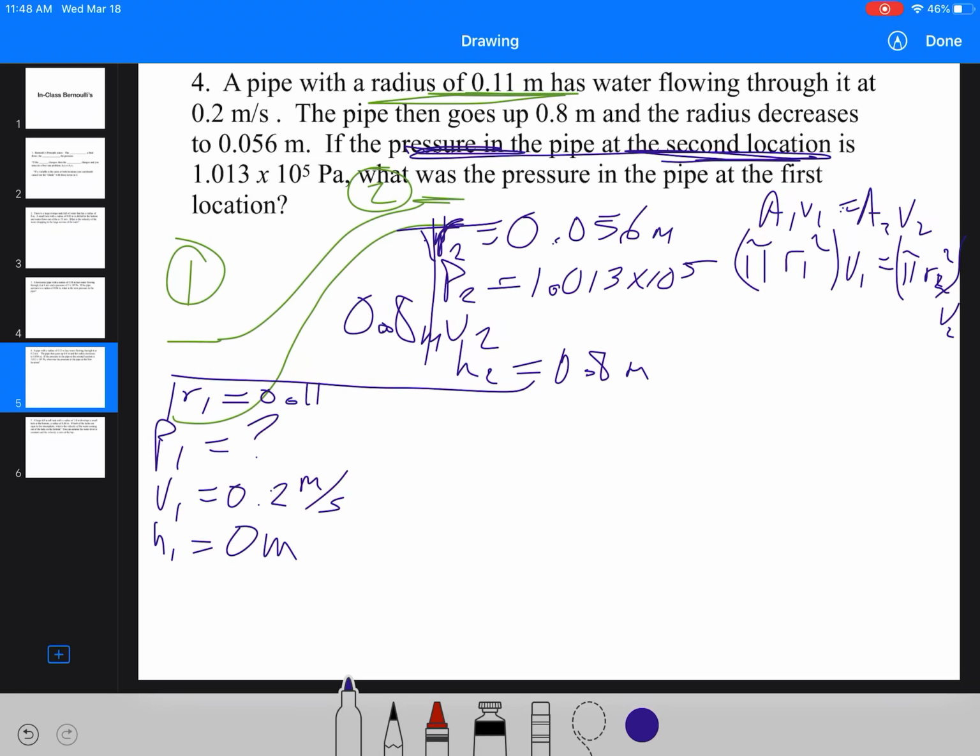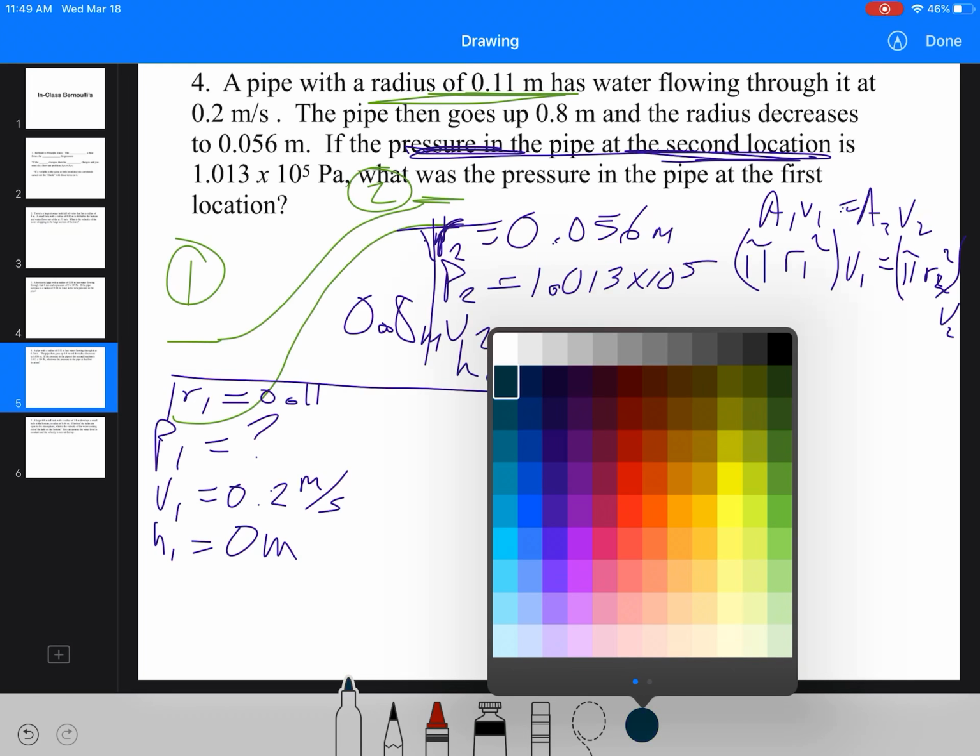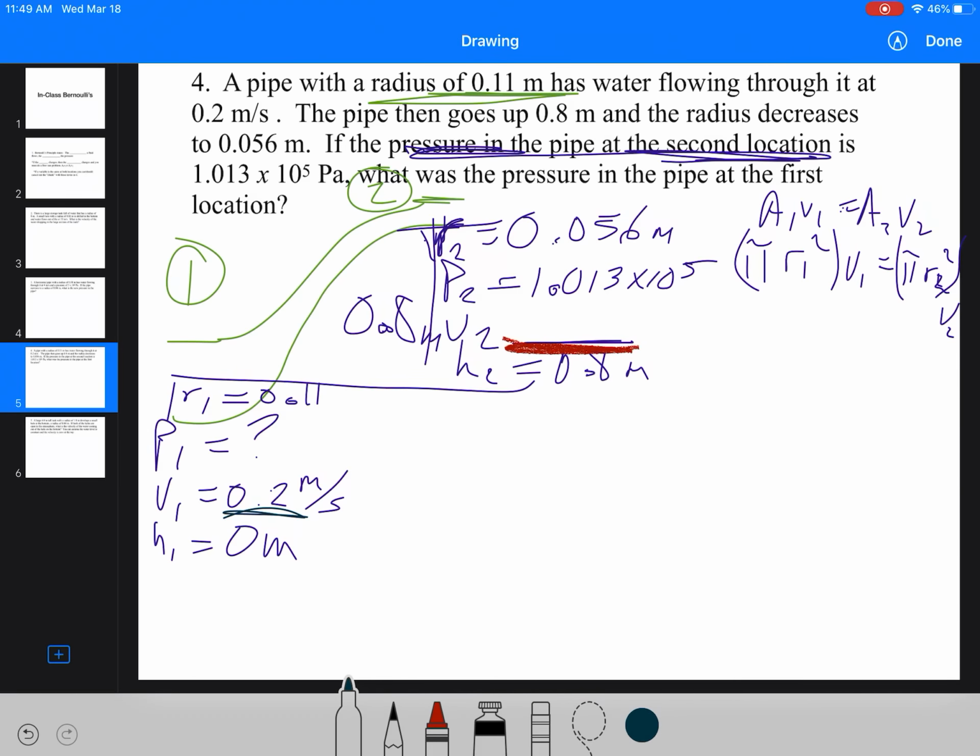Again, I apologize. I'll get better at these hopefully as we go on and learn this process together. But when we go through, we can plug all this stuff in. And what's going to happen is that's going to give me a different velocity. Okay, so we're going to get some velocity right here at V2 that's going to be different than what we have over here at location 1.